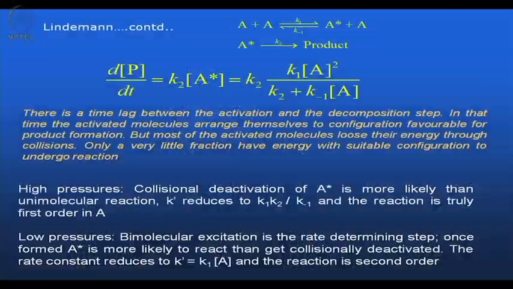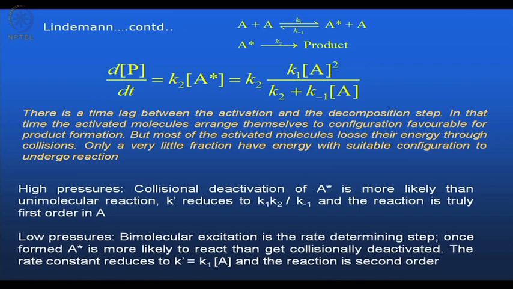They are close and therefore, they will collide often. Suppose this is an A star molecule. The moment it collides with another common molecule, its excitation is lost, and it becomes a normal molecule. So, in the high pressure region, collisional deactivation of A star is more likely than a unimolecular reaction, that is, A star to product.